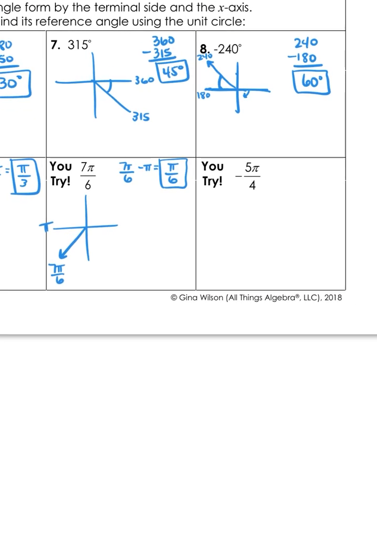And then finally we have negative 5 pi over 4, and remember that's going this way again, and it's going to end up in this quadrant up here. So 5 pi over 4, and here's pi. 5 pi over 4 is bigger, so we're going to start with that one, minus pi, and we're going to get pi over 4.